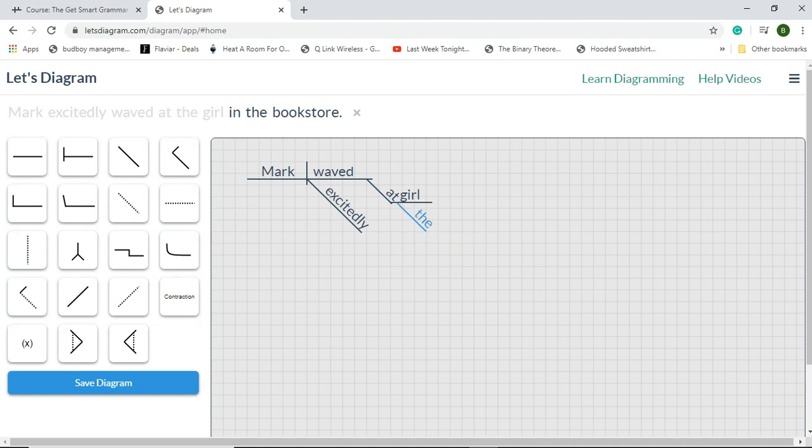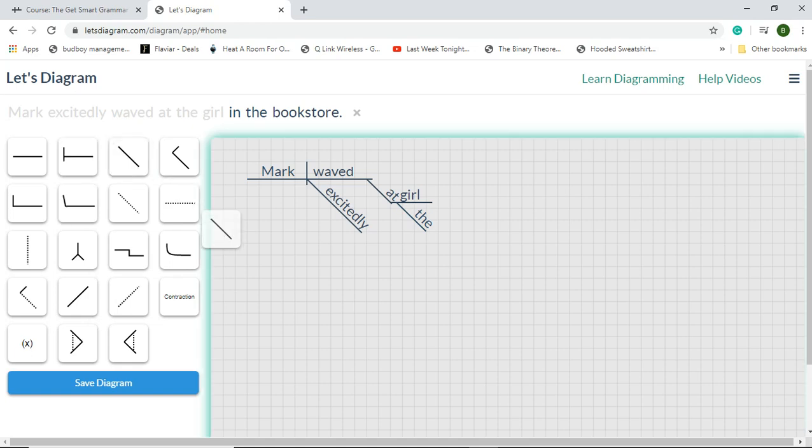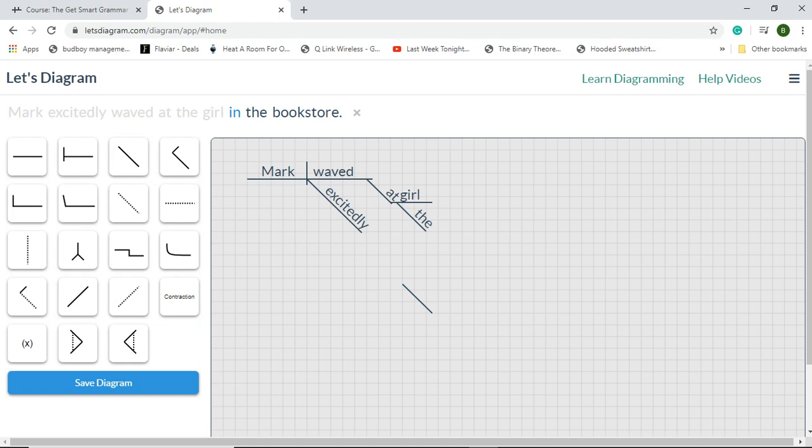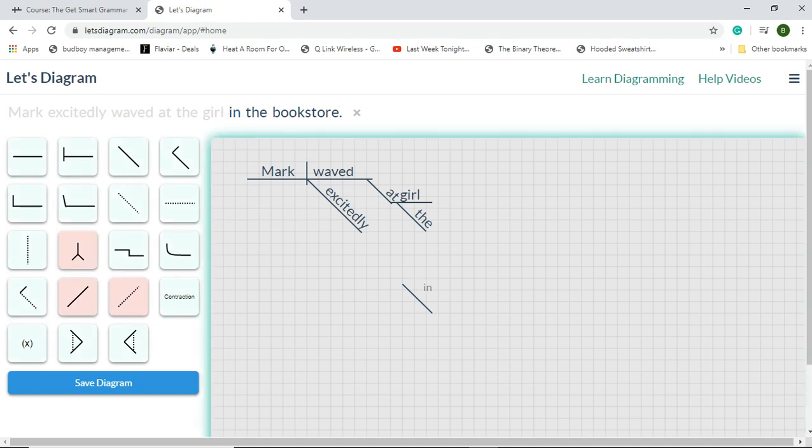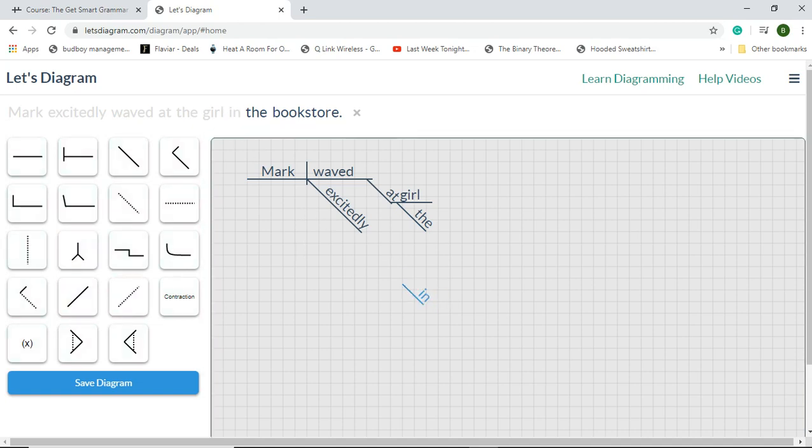That looks like this. Now, in the bookstore is a prepositional phrase, and it's acting as an adjective, and it is modifying girl. The girl in the bookstore. So, in is the preposition. Put that right here because it's modifying girl.